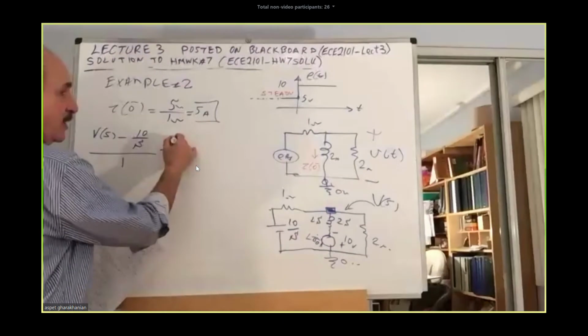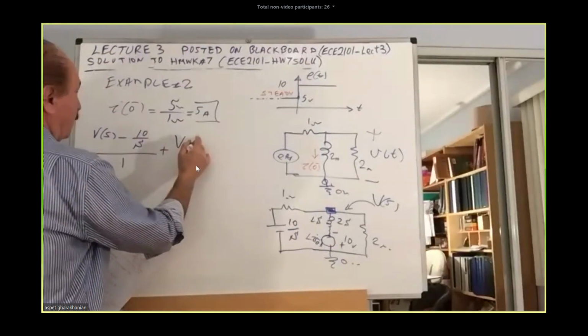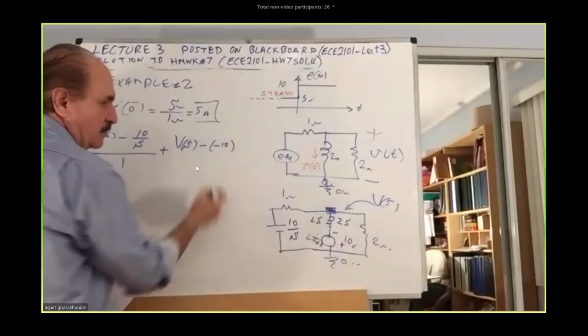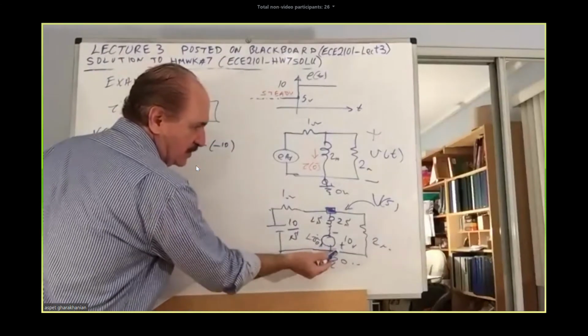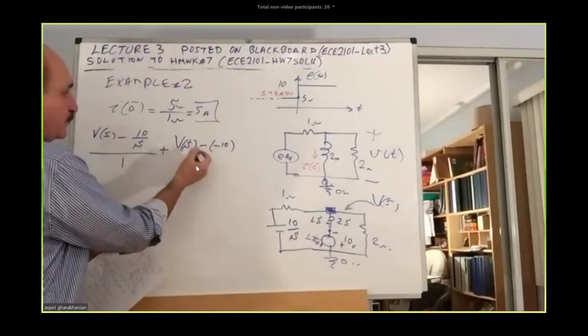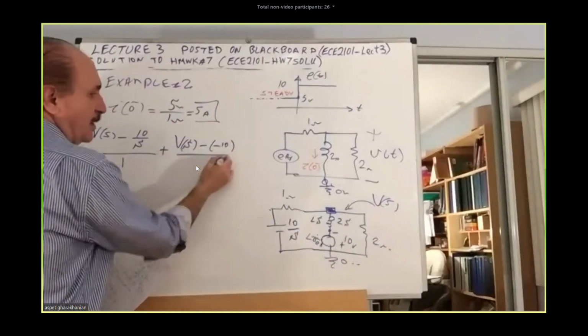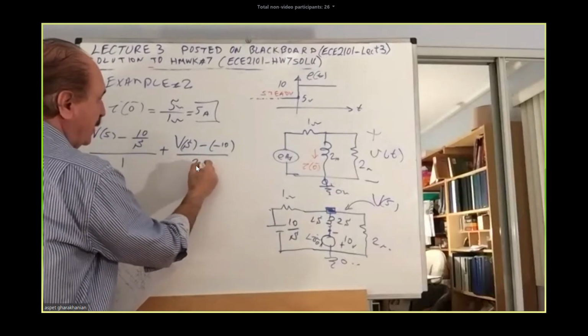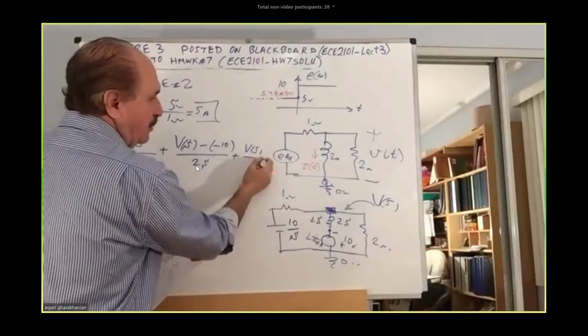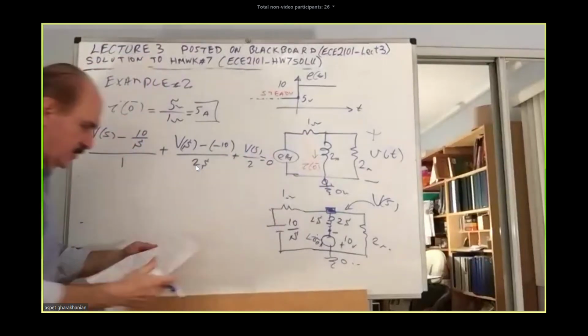So it will be V of S minus of minus 10. Note the polarity here. That's a plus, this is a minus, so that point is a minus 10, divided by Ls, which is 2s. And finally, V of S over 2 equals 0.